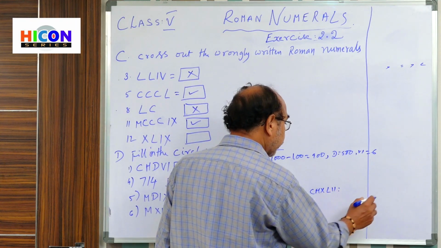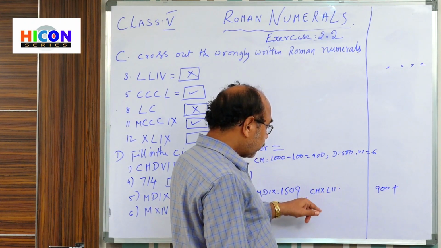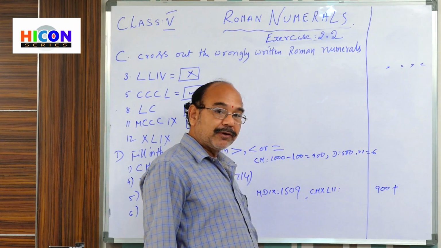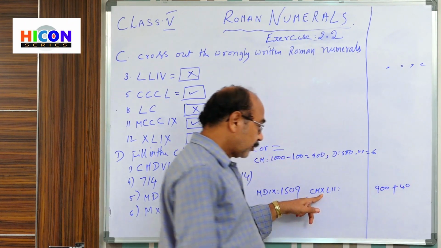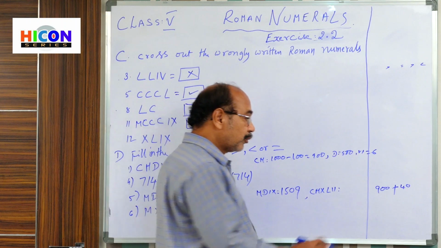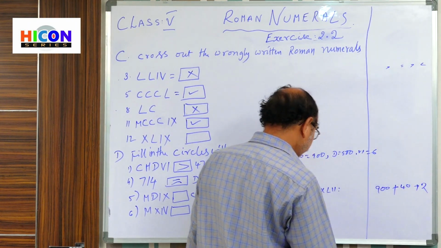Plus, next, XL is there. XL is what? XL means 40, 50 minus 10, 40. Plus 2 is there. 942.